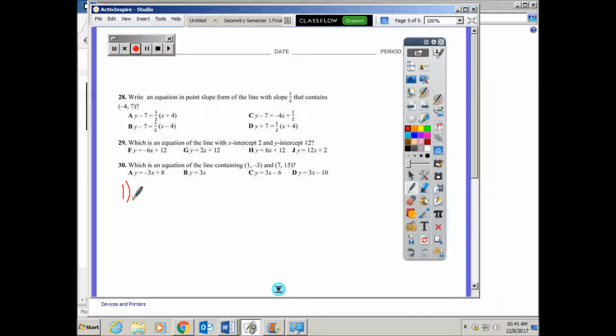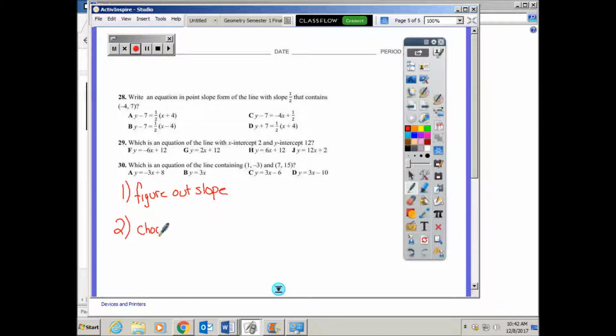First, you have to figure out the slope. So if you need to write down the steps, that's what you're doing. You're going to figure out the slope. Then you're going to put the equation in point slope form. You just pick one point.